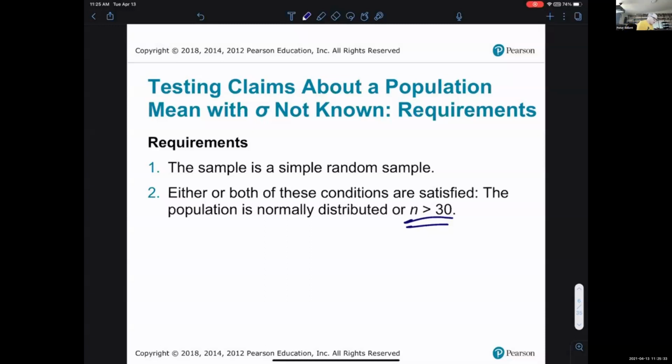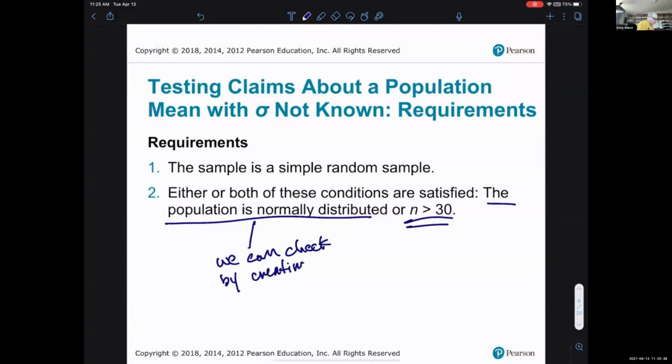So let's remind ourselves that we can check whether we believe the sample was drawn from a normal population by creating a QQ plot or a normal quantile plot, using the criteria that we looked at before on determining whether a population's values are normally distributed by looking at the QQ plot of a sample.